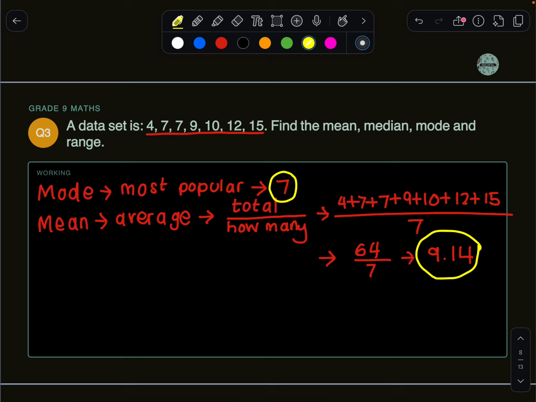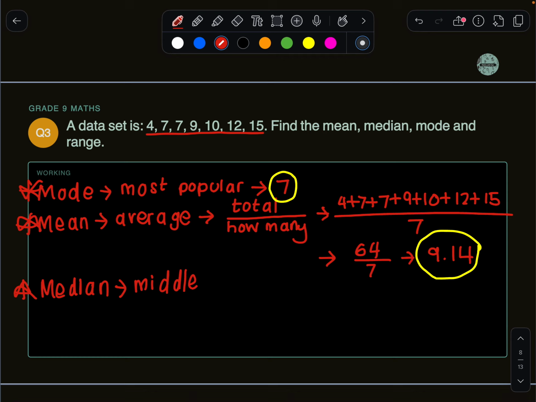Our median, so median to me always sounds like middle, and that is exactly what it is. There are a few ways of finding your median.